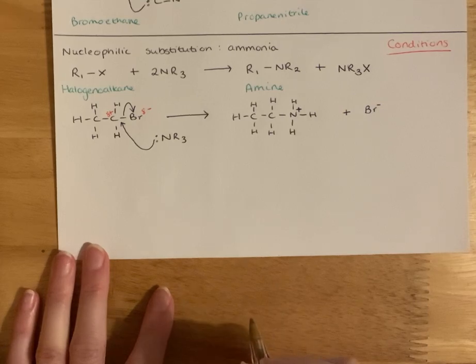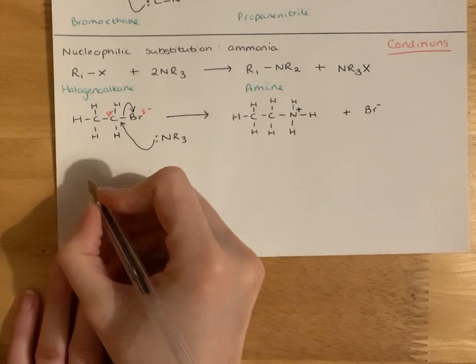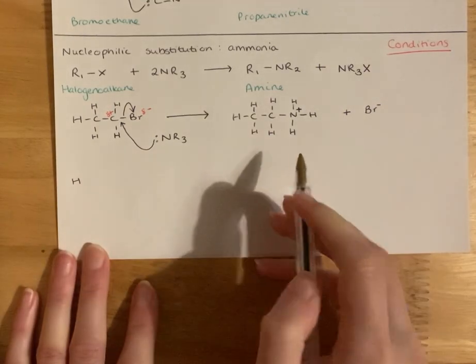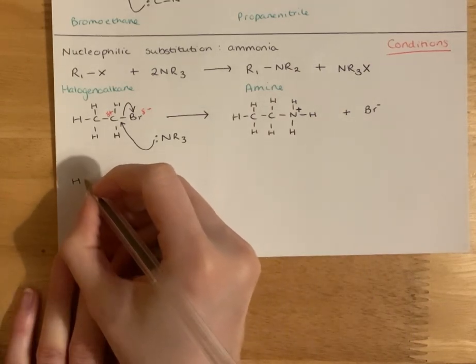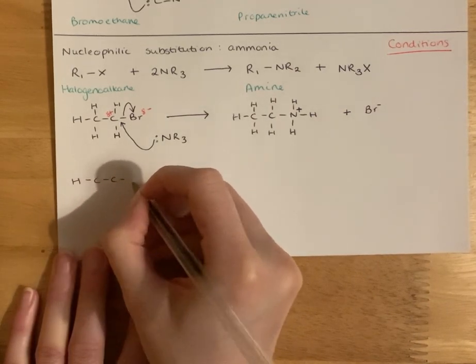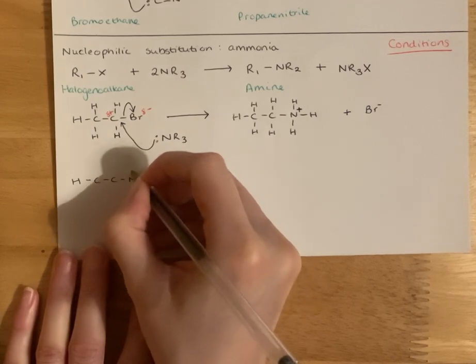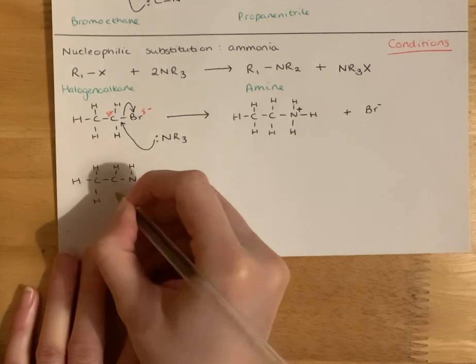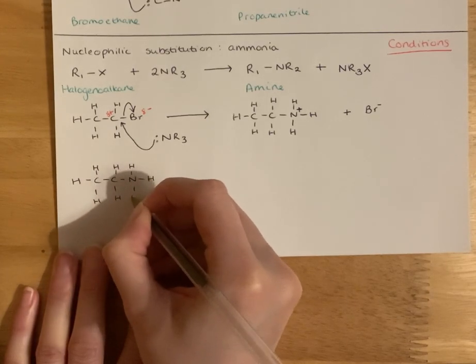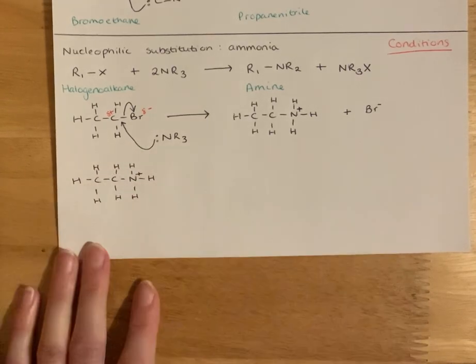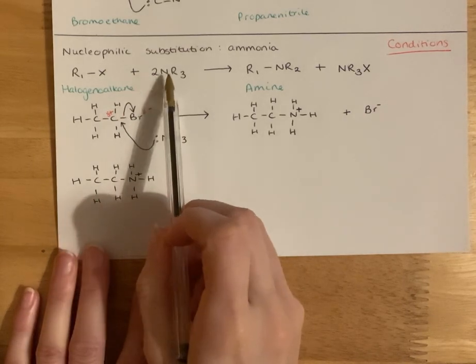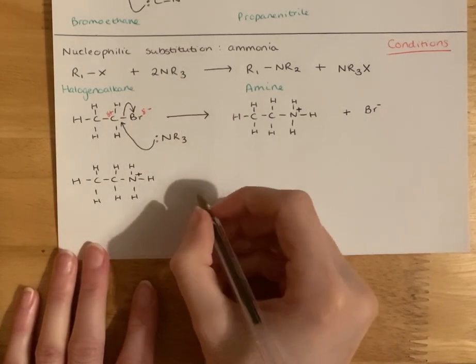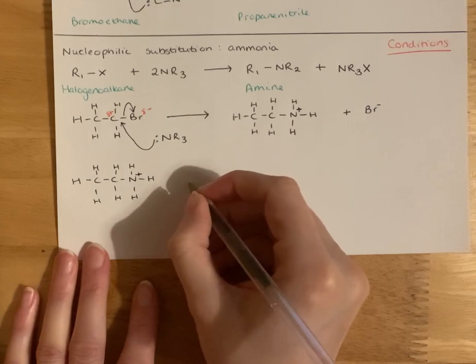So the second part of that, there's going to be another part to this equation, so I'm just going to copy this down here. So this is where our second amine comes into the equation.